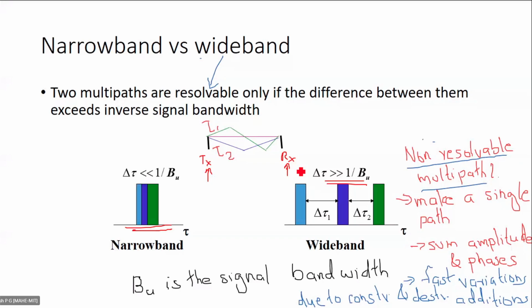So the delay is greater than 1 by signal bandwidth in the wideband, which was not the case in narrowband. This is the main assumption that we are making when it comes to the wideband channel.